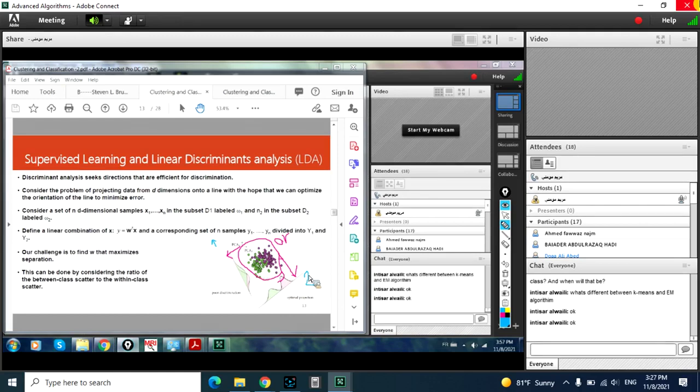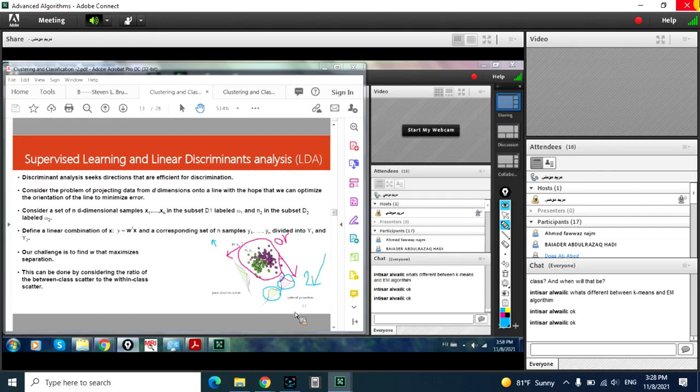The difference in the second projection is much clearer. You can separate the two classes, but the overlapping in the first projection is high, and in contrast, the overlapping between the two classes is low in the second.